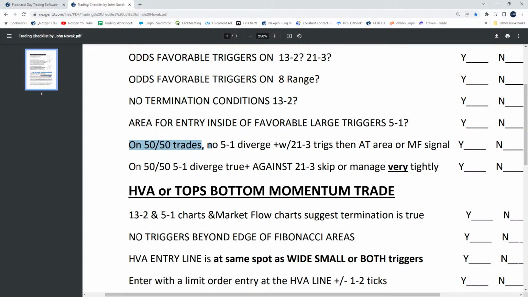It says, if there's no divergence on the 5-1 chart, assumed, and 21-3 triggers are strong, then get in at the area. Or you can wait for a market flow signal, but... So this was a good case of this rule in my plan live as it unfolded.